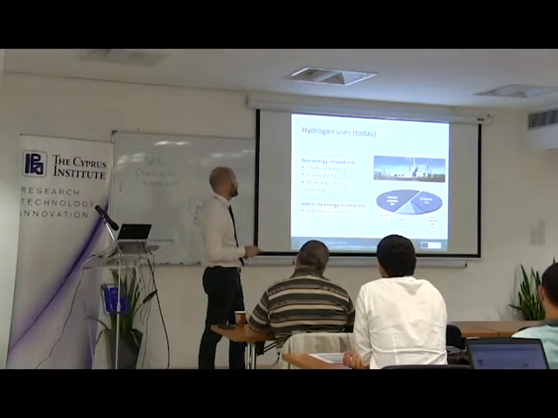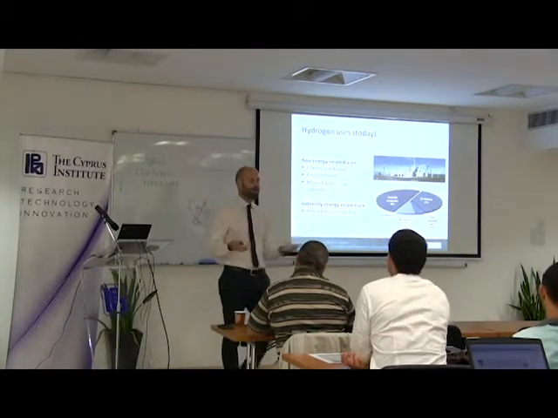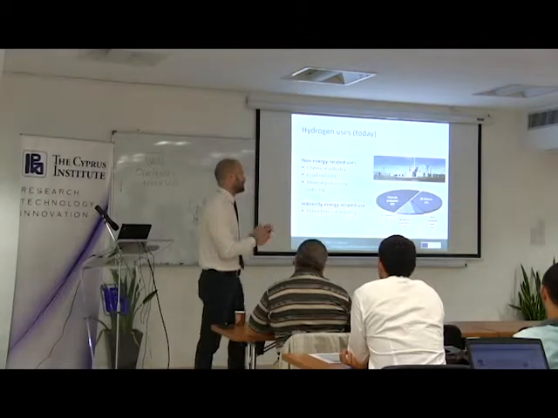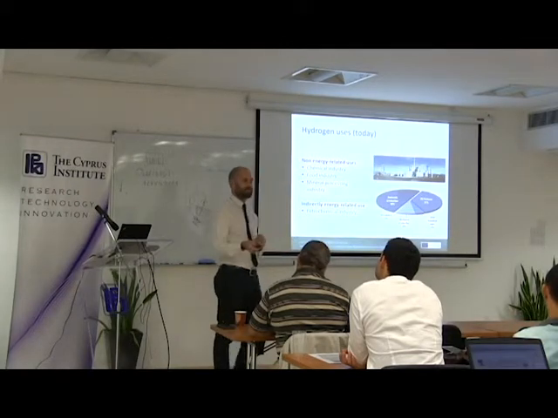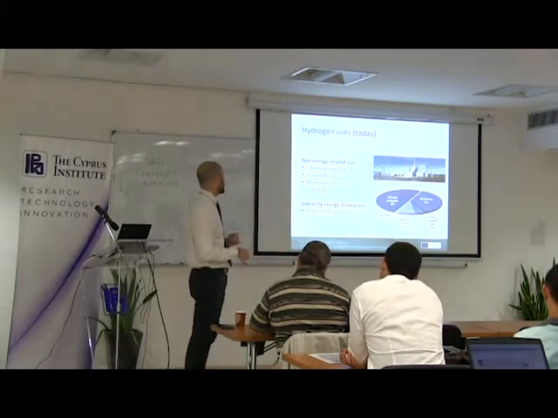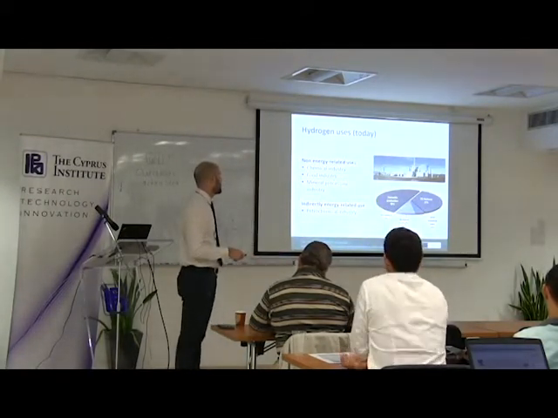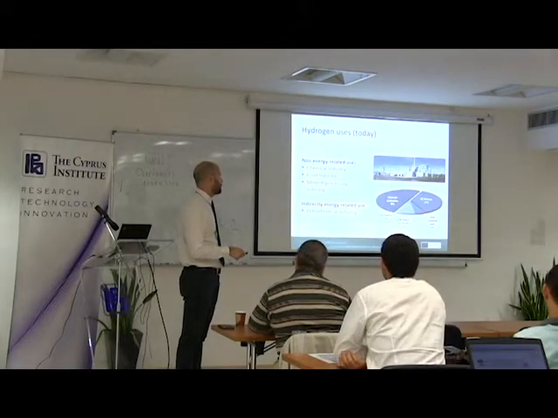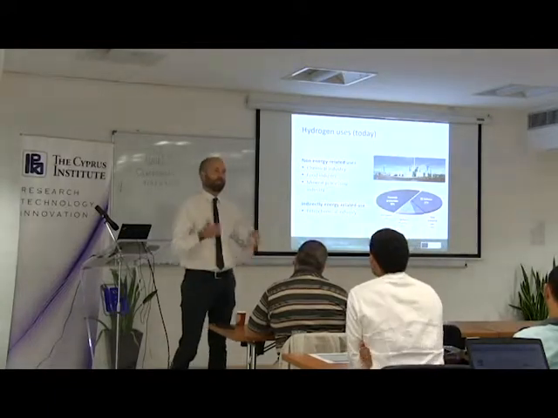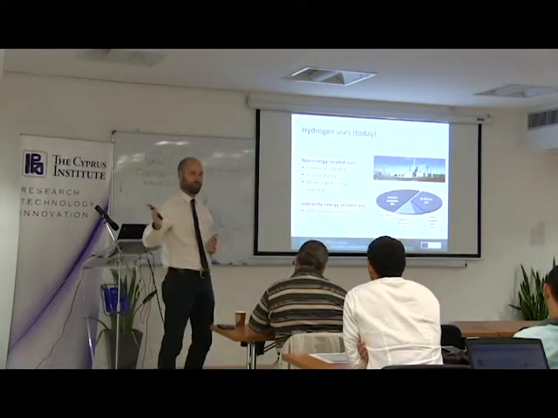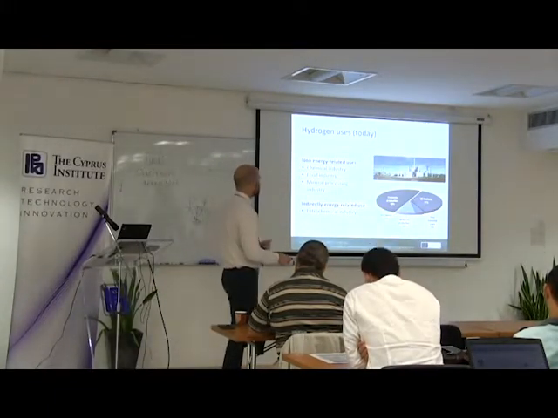Roughly 50% of production is for the production of ammonia, so we're still in the fertilizer industry. Then it's used in oil refineries for 37%, which is what I mean when I say petrochemical industry. Then methanol production, which is another very important feedstock for the chemical industry. From methanol you can produce a lot of other chemicals.